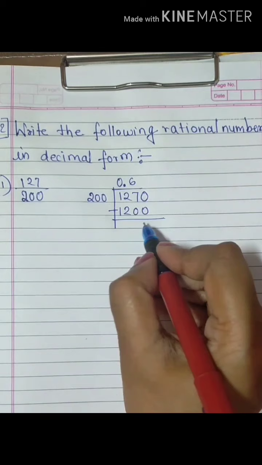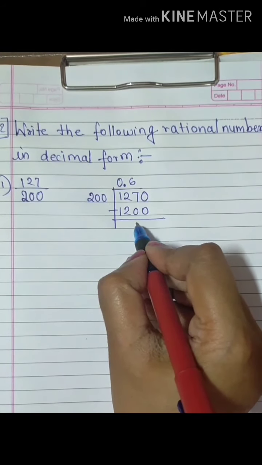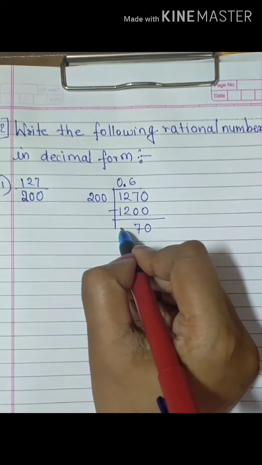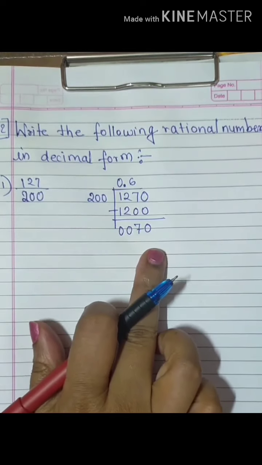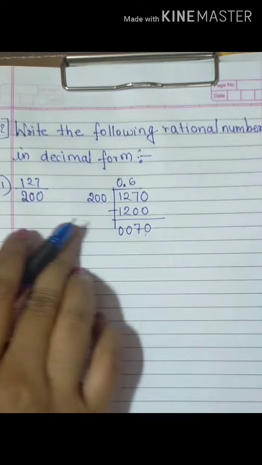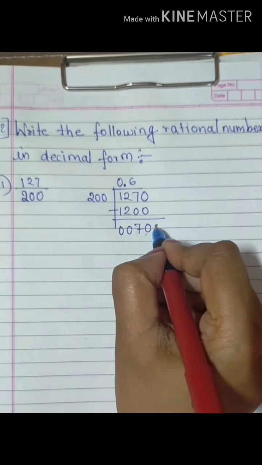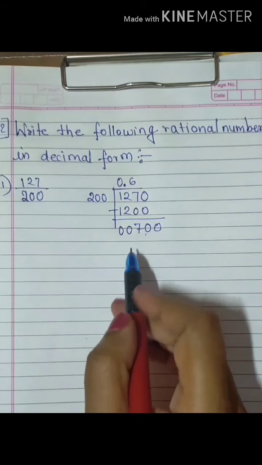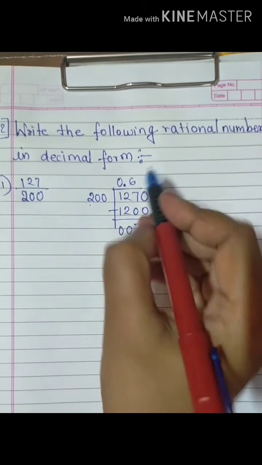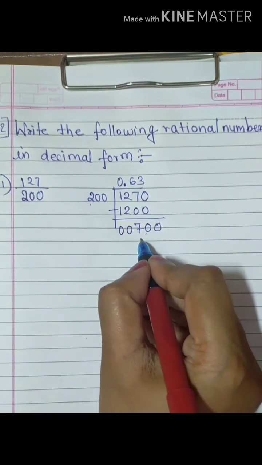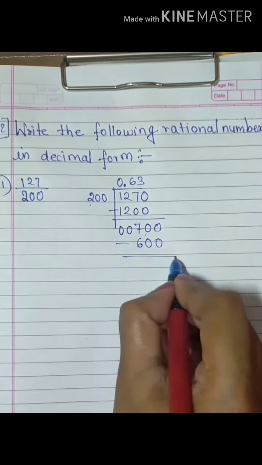Now here, as you can see, 0 7 0 0 came. So again, as we took the decimal point, we'll take 0 here. Now after this, 200 3s are 600.